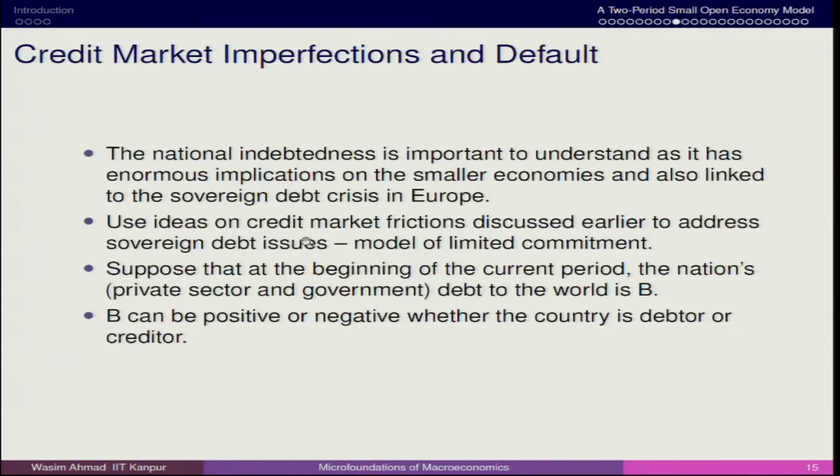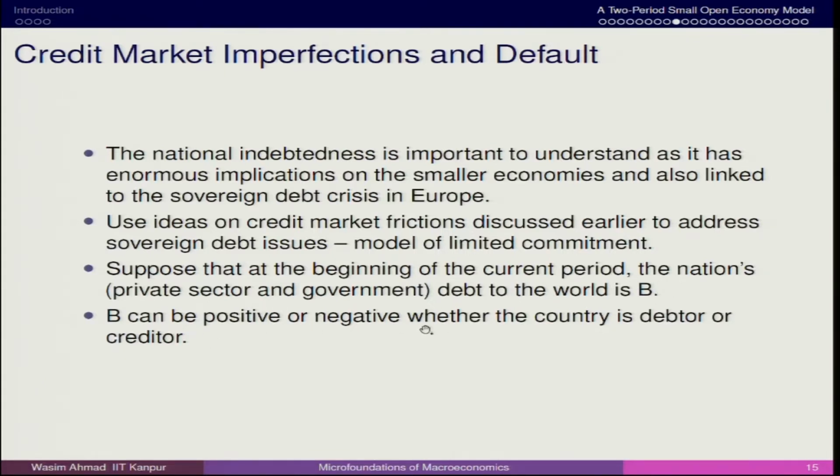So, use ideas on credit market frictions discussed earlier to address these sovereign debt issues. Limited commitment. Suppose that at the beginning of the current period, the nation's private sector and the government debt to the world is B, right. This is the size of the debt that this particular country has.